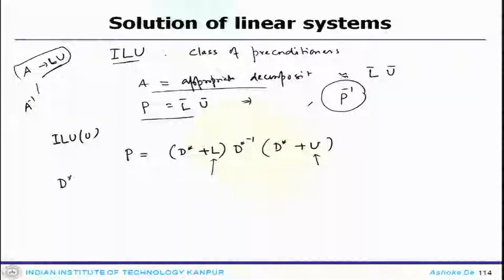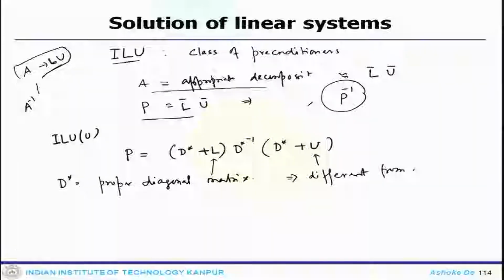Now, D star here is a proper diagonal matrix, which is also different from the diagonal of A. So, D star is not exactly the diagonal of A. Now, the D star matrix is defined and one can find out this D star, and this is called the DILU method.